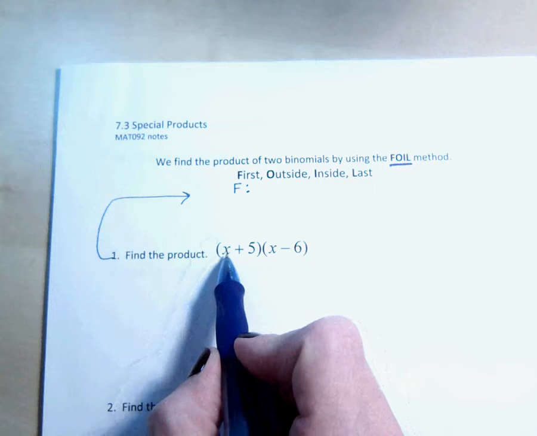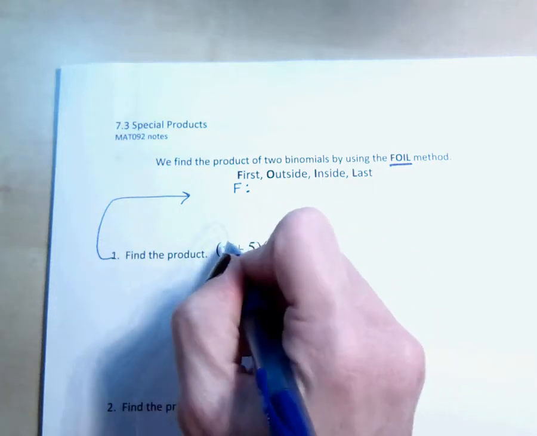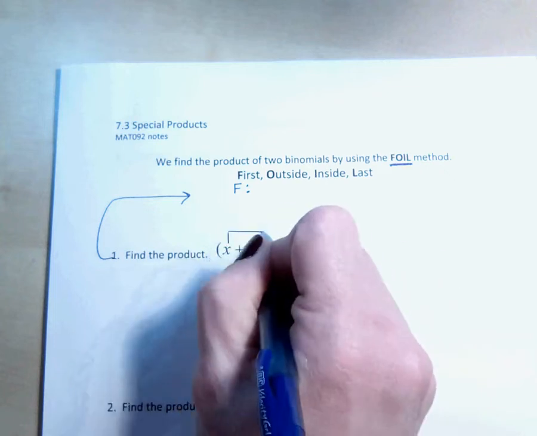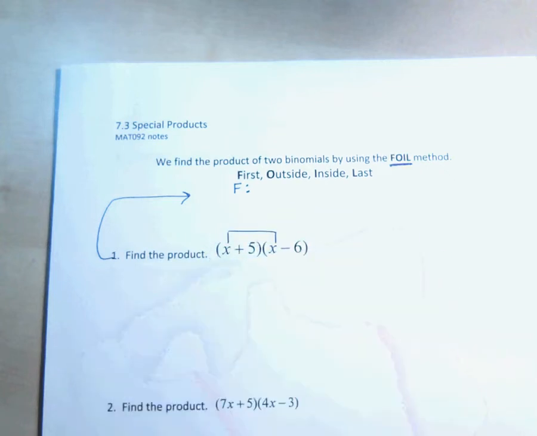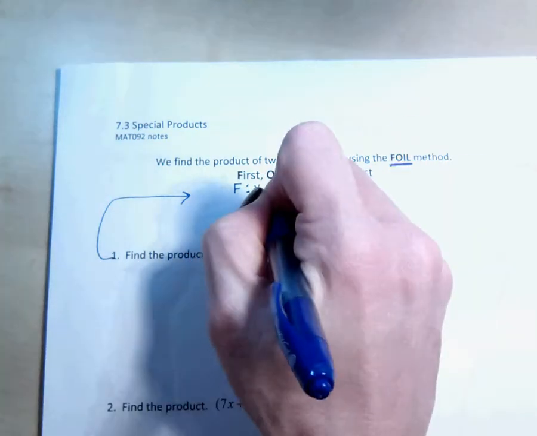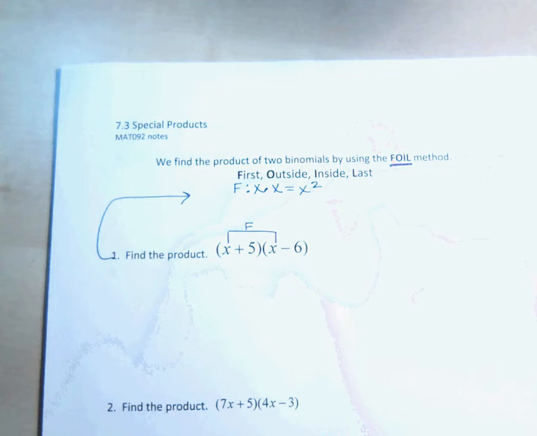So let's come down here and let's look at our binomial. The first 2 terms means take the first term in the first binomial and multiply it by the first term of the second binomial. That's F. So that is x times x, which gives us x squared.